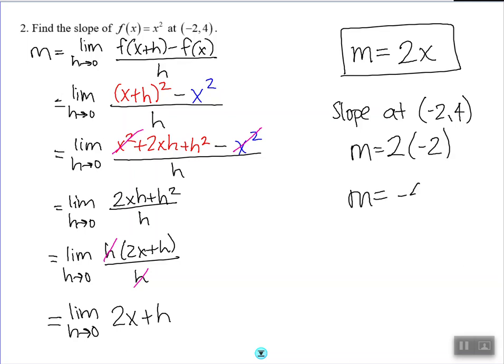So I end up with the slope being equal to negative 4. If we wanted to find the slope at a different point, we could simply plug in that x value to our slope equation, which is m equals 2x.